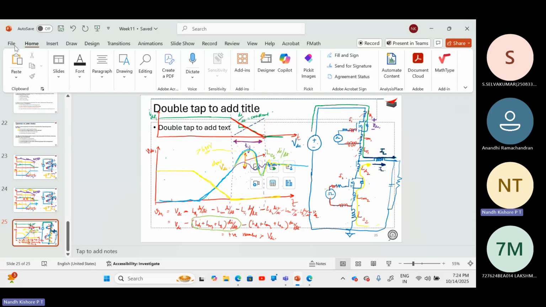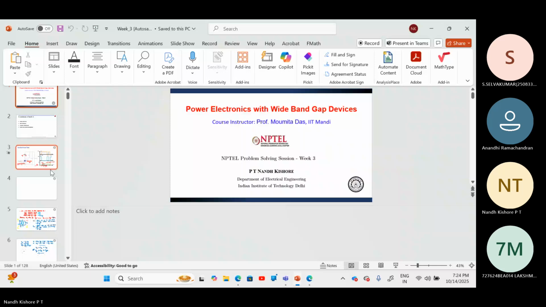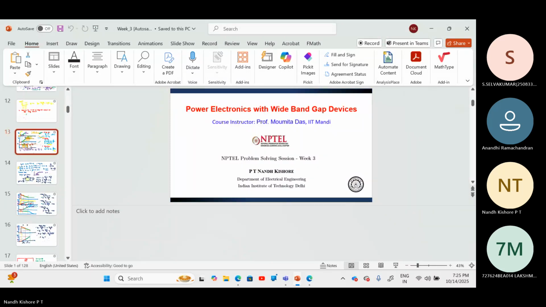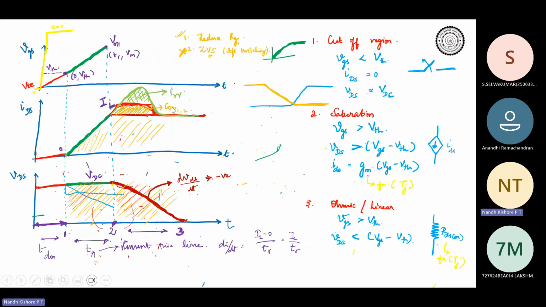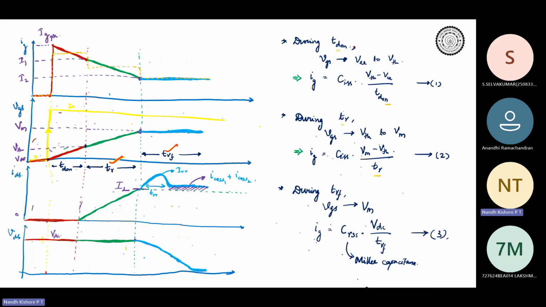I will try to open the previous one. Yeah, so this was the waveform during turn on. So during turn on, we are seeing that your VDS is something like this, right?